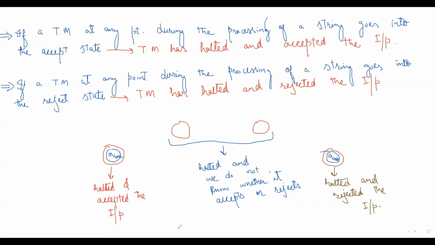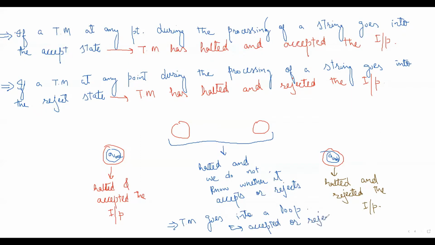You will see that we will discuss this: sometimes a Turing machine goes into a loop. That means it is not stopping. It is continuously running. In this scenario also, we cannot say whether the string is accepted or rejected.